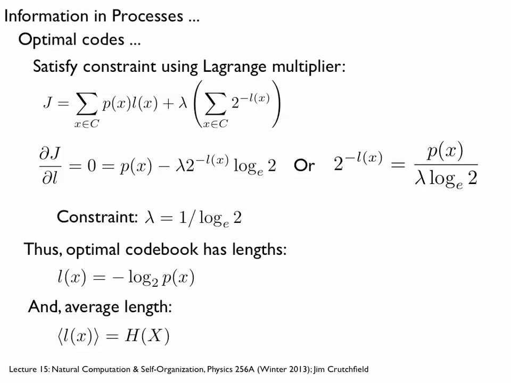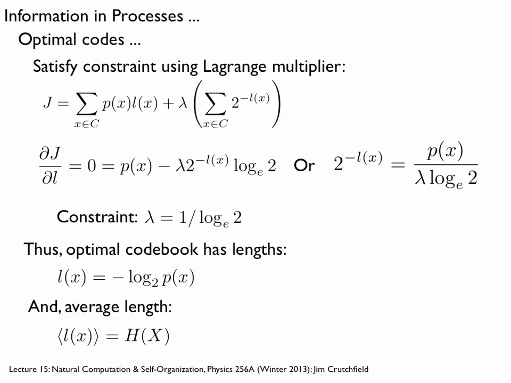In other words, this lambda is the Lagrange multiplier, but the claim here is that we found the optimum when the length of the code word is minus log of the probability of the message. That should look familiar: channel self-information.